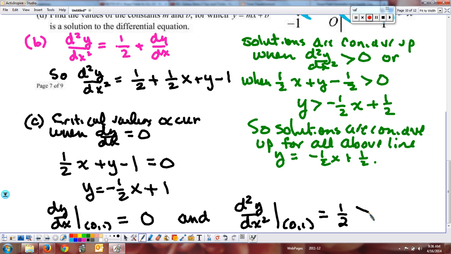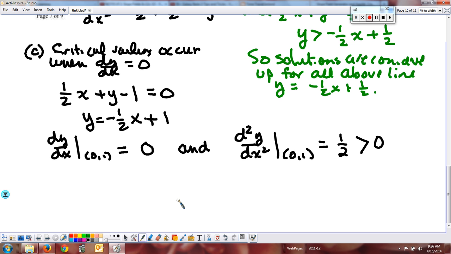The important part of that is greater than 0. And when the second derivative is greater than 0, what does that tell you about your curve? At that point, the curve has a horizontal tangent and it is concave up, which is a relative min. So we can make our conclusion.